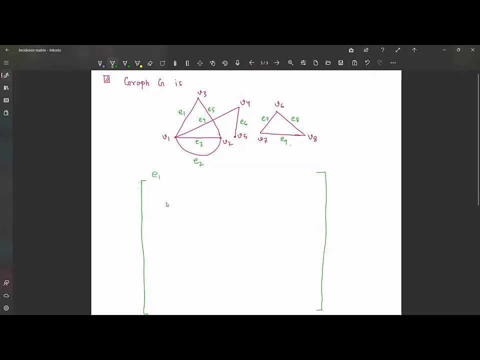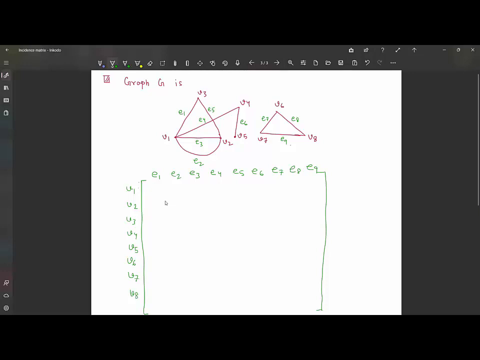So it is E1, E2, E3, E4, E5, E6, E7, E8, and E9, a total of 9 edges, and V1, V2, V3, V4, V5, V6, V7, and V8, a total of 8 vertices.